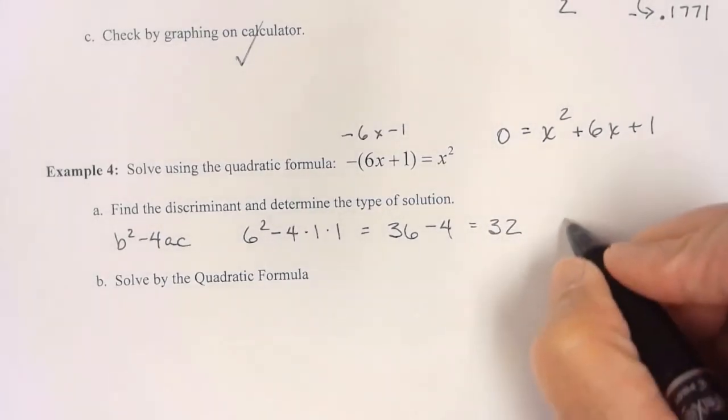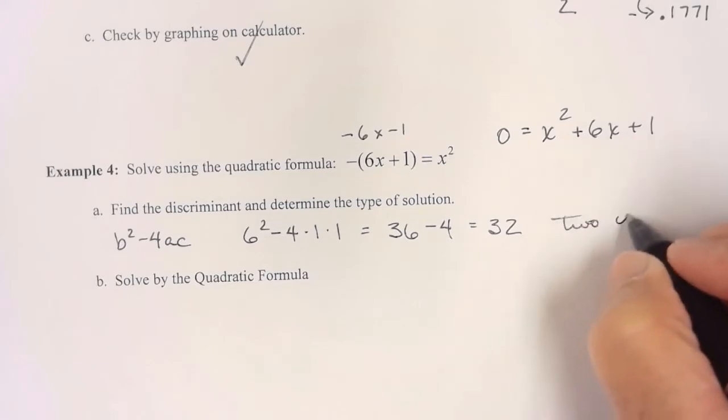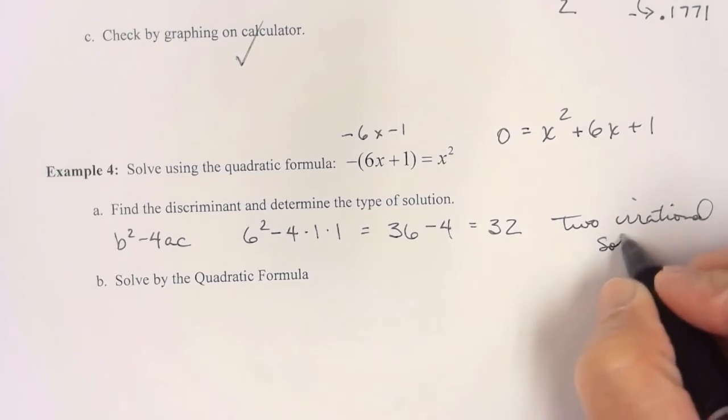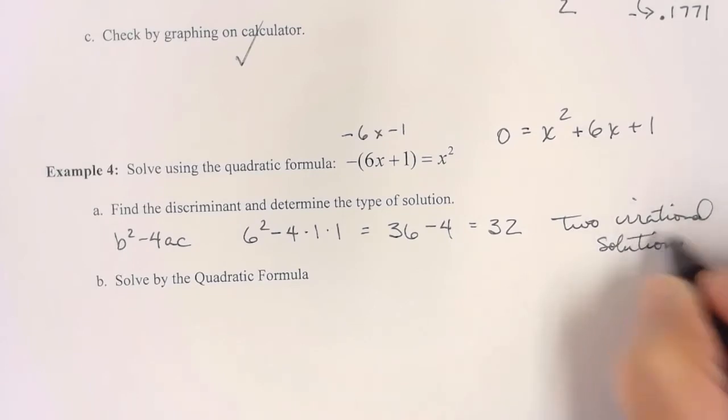We're going to have 2 irrational solutions. So my curve will hit the x-axis twice.